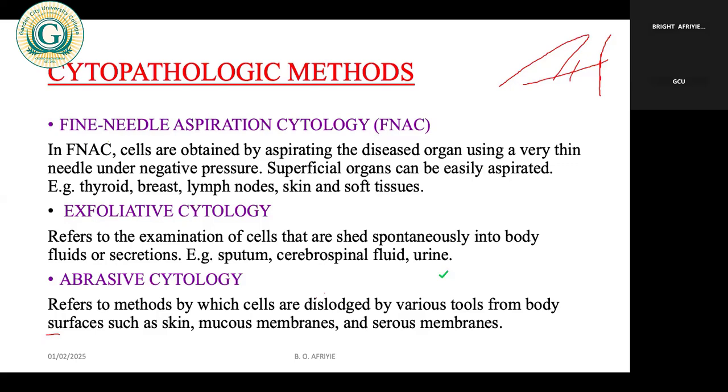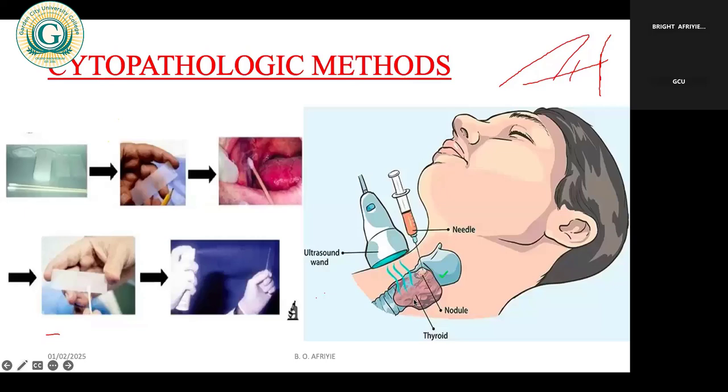So this is fine needle aspiration being carried out, and because the nodule is not palpable, it has to be guided by the ultrasound so that they don't punch the voice box or the wrong area and cause even the tumor to spread, especially if it is malignant.